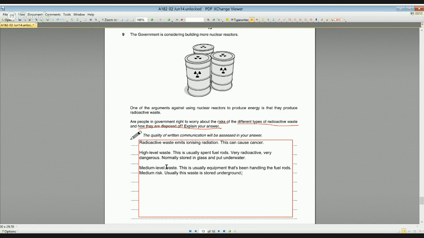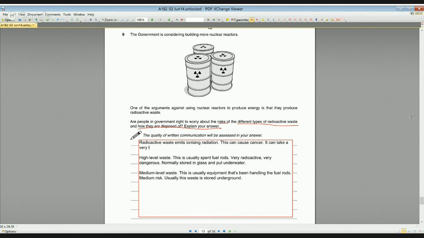Let's add to our initial thoughts here about it causing cancer. We should also say it can take a very long time, thousands of years, to become safe. That is one of the problems with nuclear power.